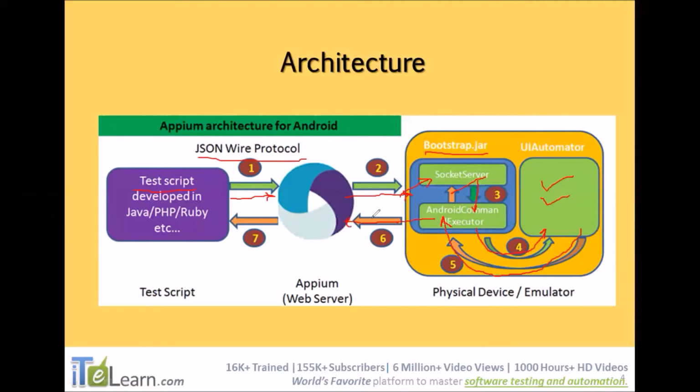server in the same REST API format. So once it closes this session there, the Appium server will interpret the output that has come in the form of REST calls, and it sends the output back to the scripts which we initiated.